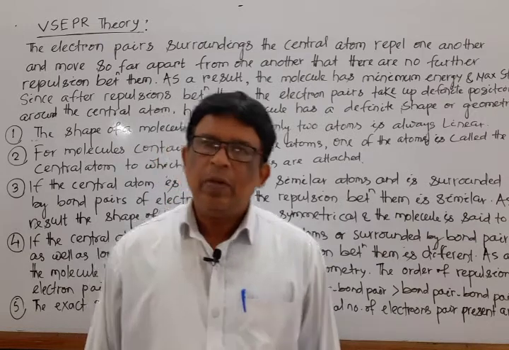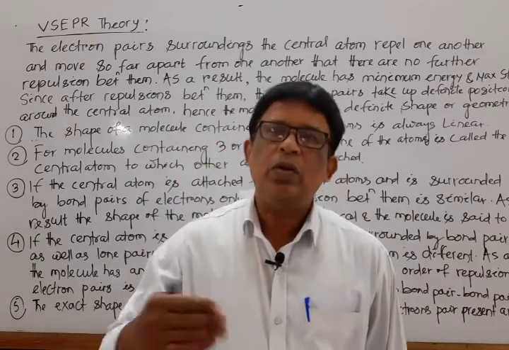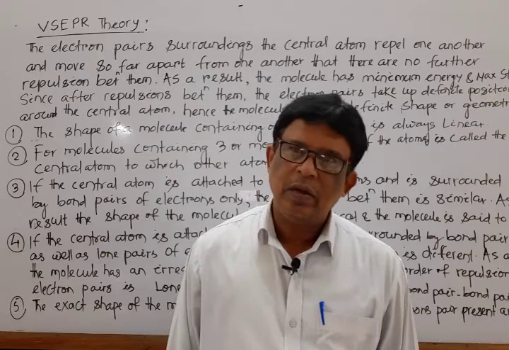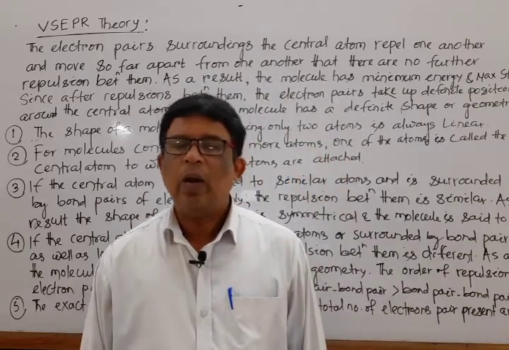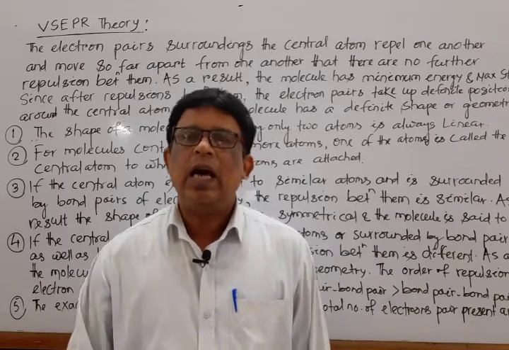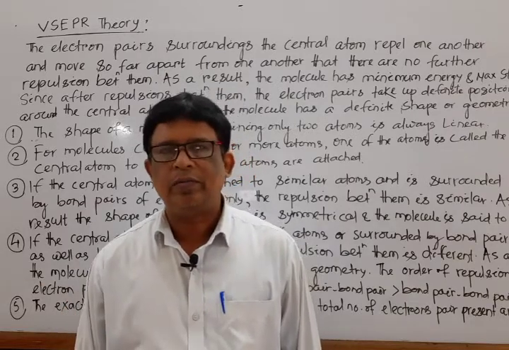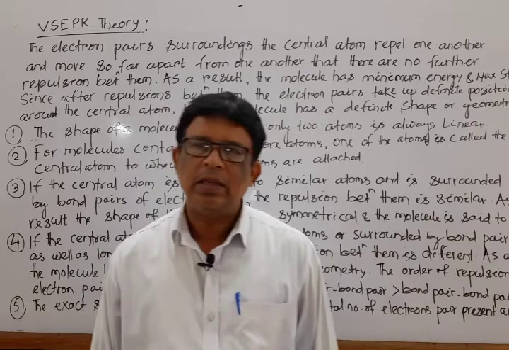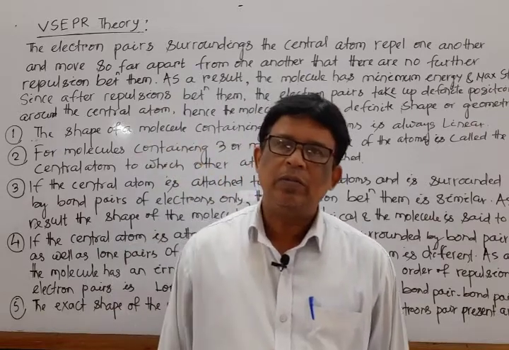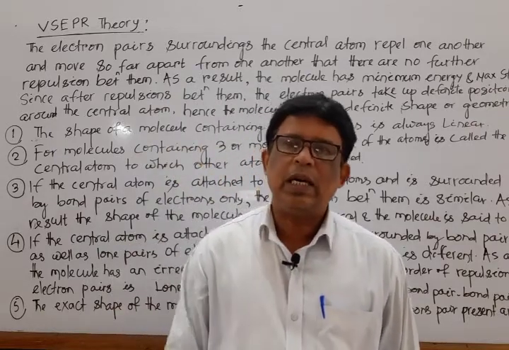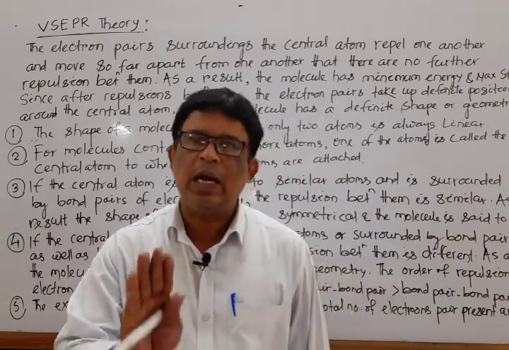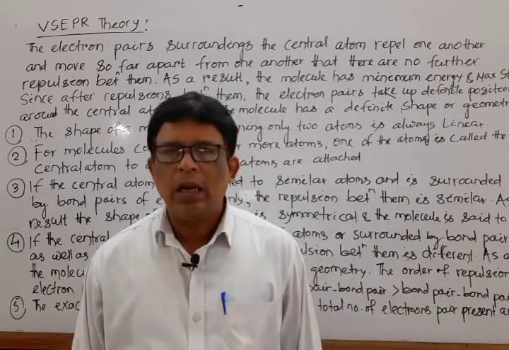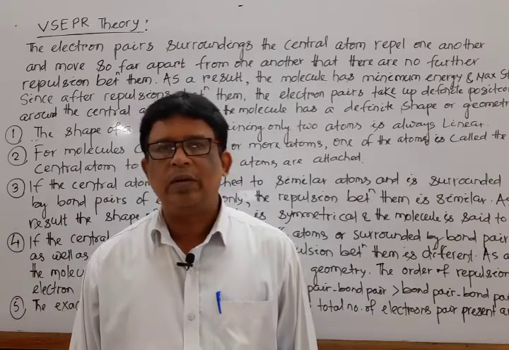If a molecule possesses more than two atoms, then one of them is taken as a central atom, while the other atoms which are directly attached to it are known as outer atoms. If the outer atoms attached to the central atom possess only bond pair electrons and are symmetrical, similar atoms, overall the molecule is a symmetrical one.